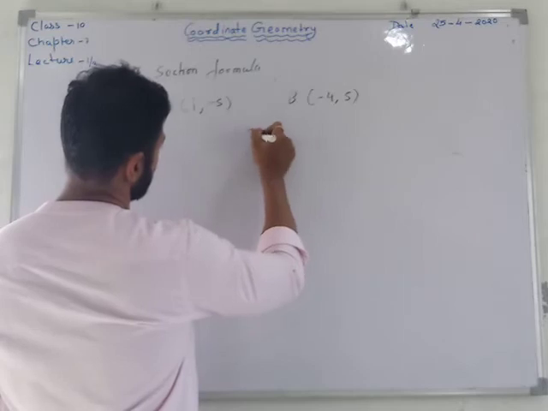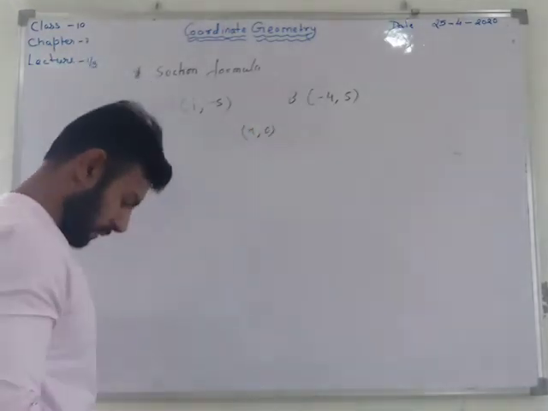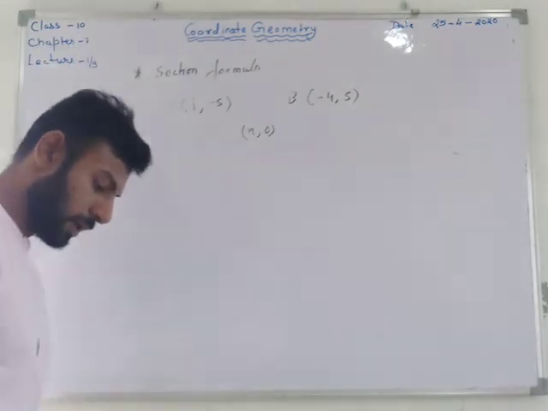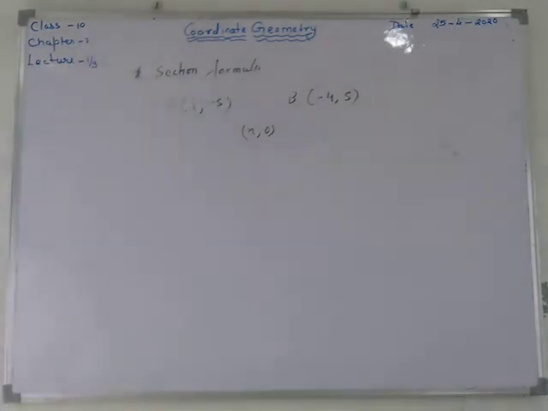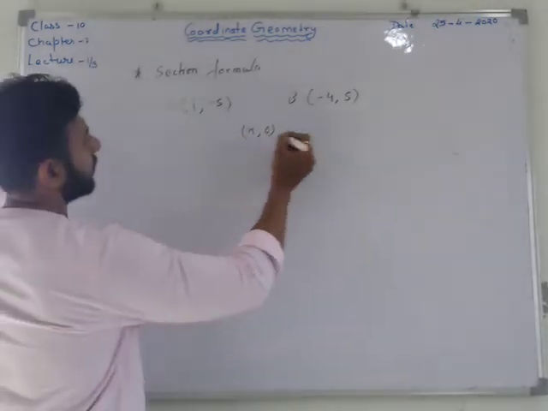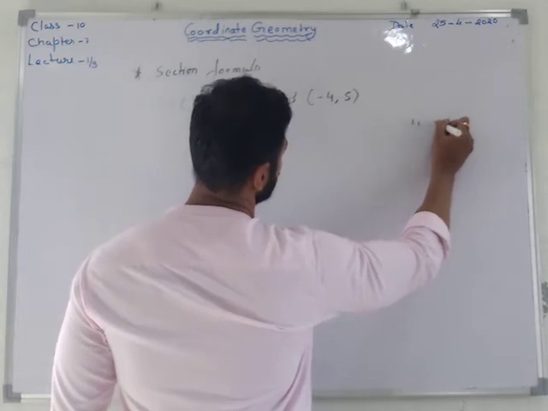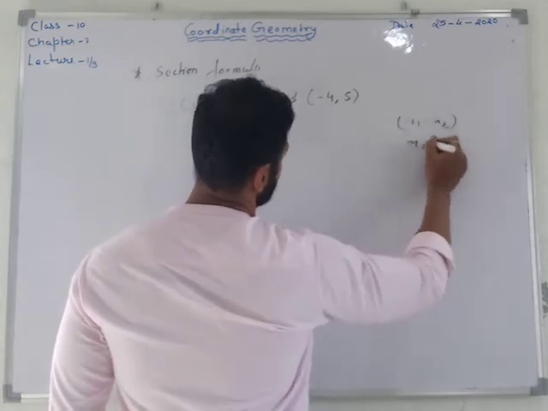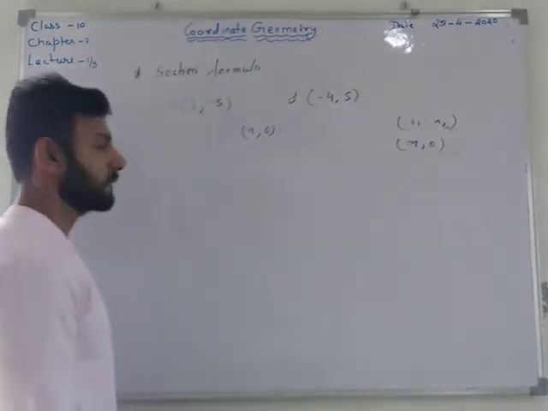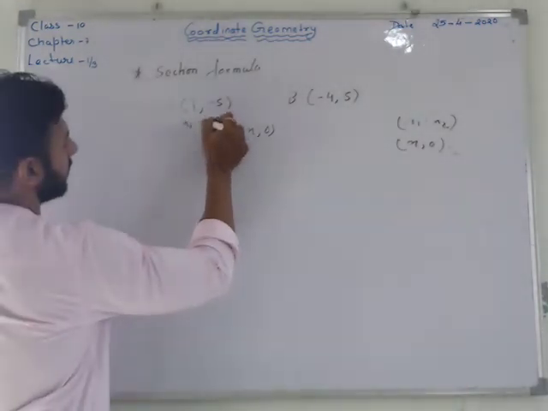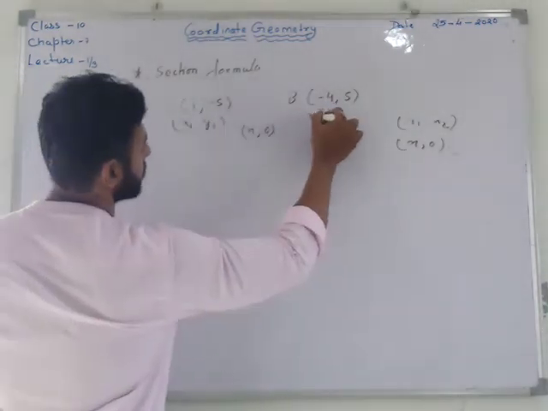X-axis means x, 0. Find the coordinates of the point of division. First we have to find out m1 ratio m2 and x, 0. These two things we have to identify. This is x1, y1, this is x2, y2.